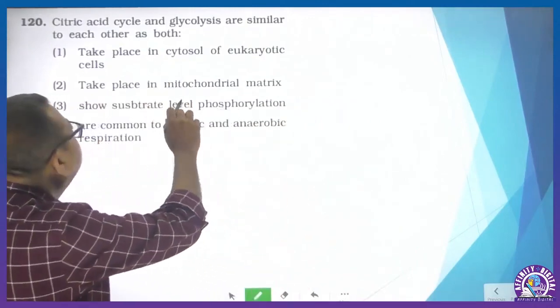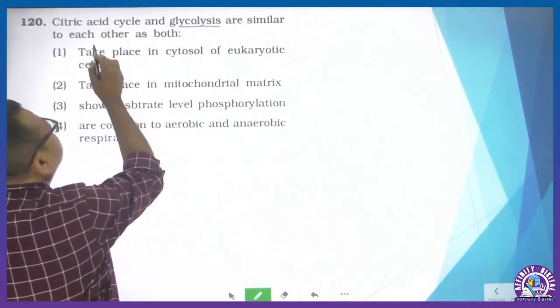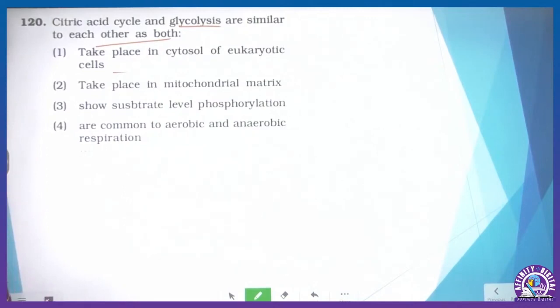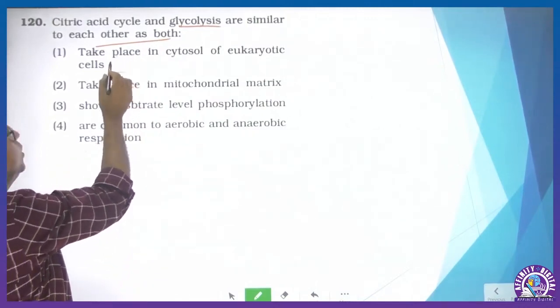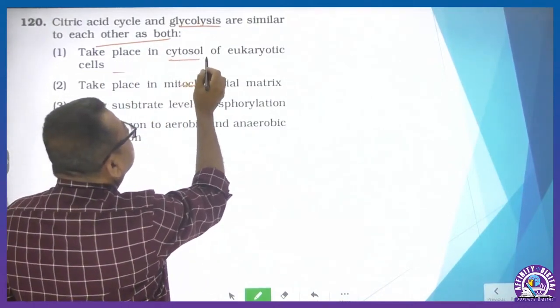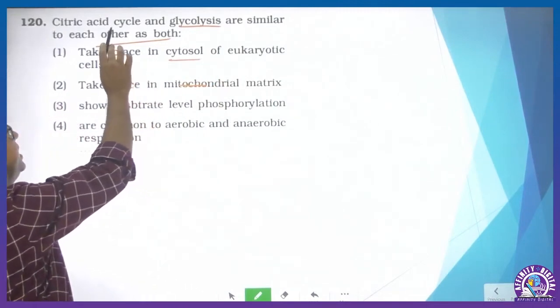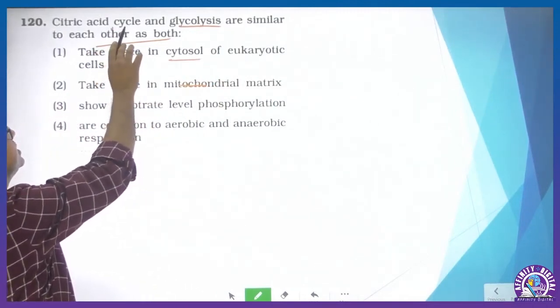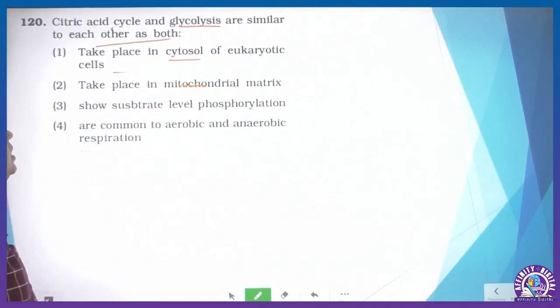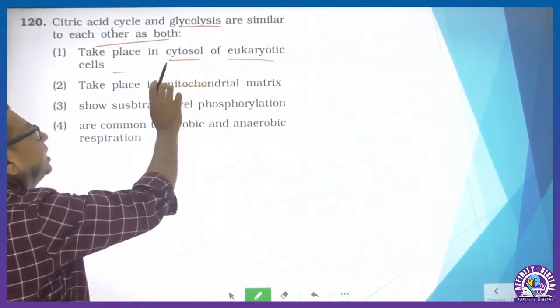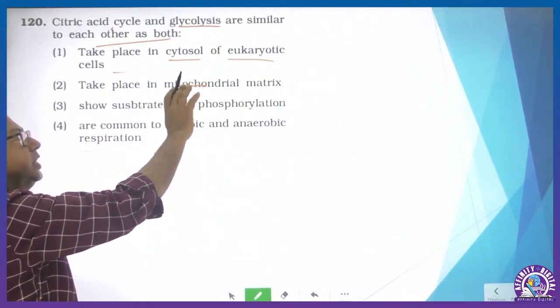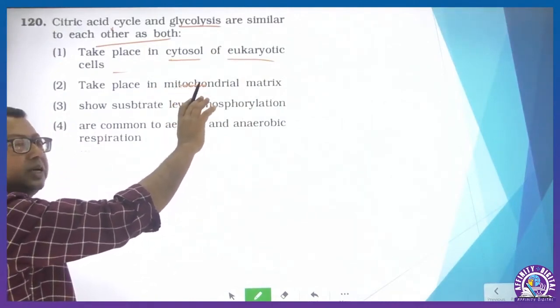Next question. Citric acid cycle and glycolysis are similar to each other in as both take place in cytosol of eukaryotes. No, citric acid cycle occurs in the mitochondrial matrix. In both prokaryotic cell and eukaryotic cell, glycolysis always occurs in the cytoplasm.